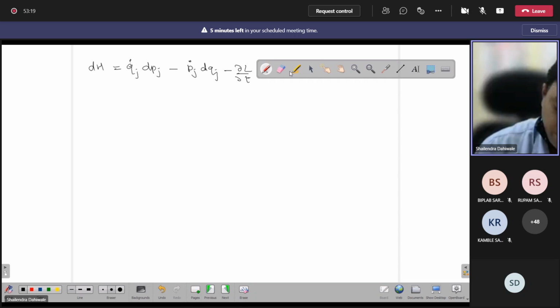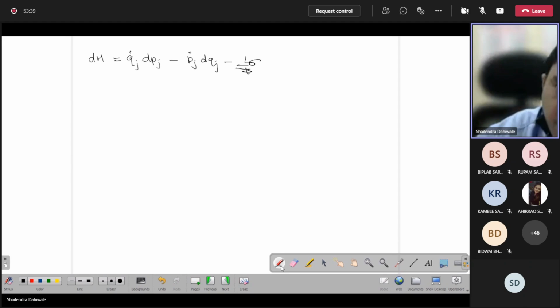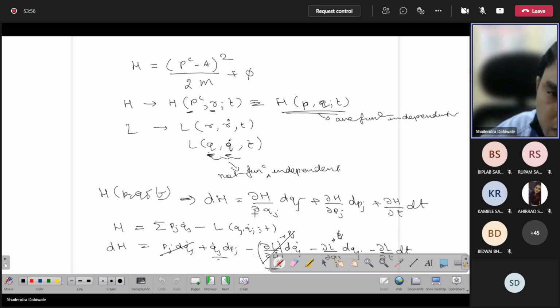So this is your one equation, and the other previous equation is this.